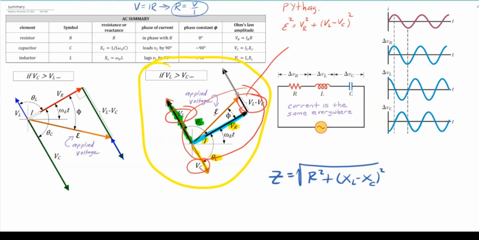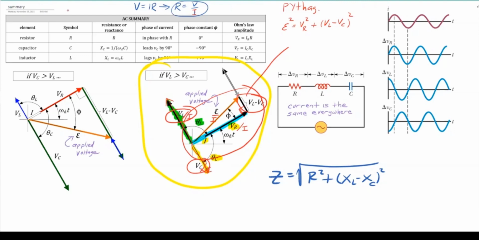Ready? I'm going to divide this value by I. So EMF divided by I, capital letter I. I'm going to divide both of these, VL and VC, by capital letter I.